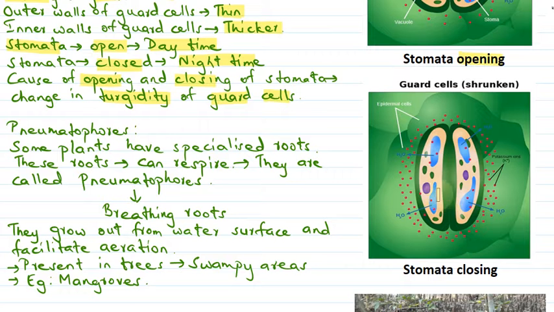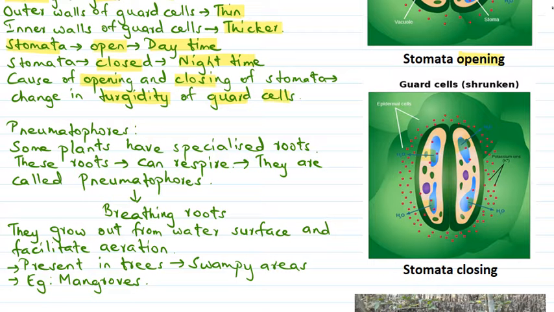Then we saw how stomata close. During closing, water molecules move out of the guard cells. Because of this, the guard cells become flaccid, and the inner walls of the guard cells stick to each other or get flattened.